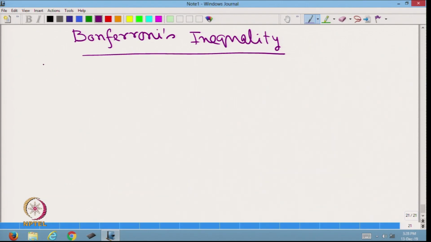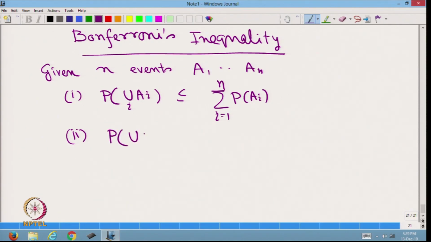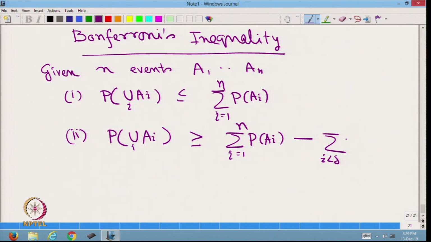It states that given n events A1, A2, ..., An, probability of union over i of Ai is less than or equal to sigma probability of Ai, i equal to 1 to n, and secondly, probability of union over Ai is greater than or equal to sigma probability of Ai, i equal to 1 to n, minus sigma over i less than j of probability of Ai intersection Aj.